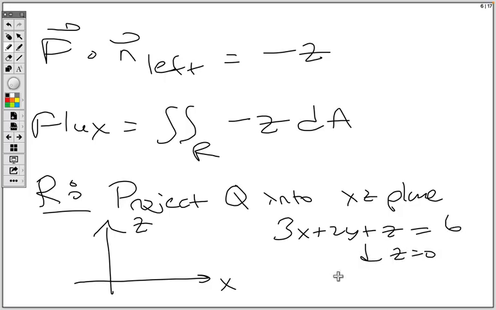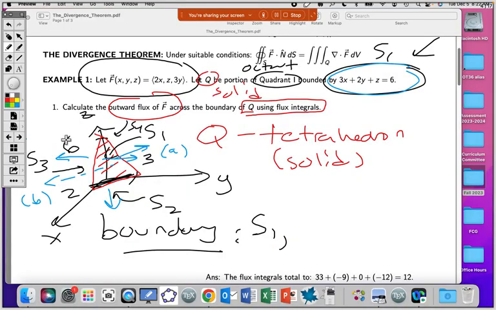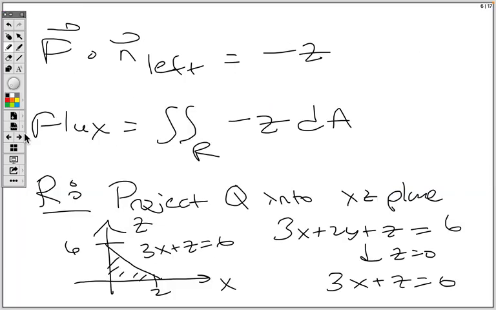We're going to let y equal 0 and project that. 3x plus z is 6. And that's our region R. Okay. Once again, any questions on how we're figuring out what the region is?